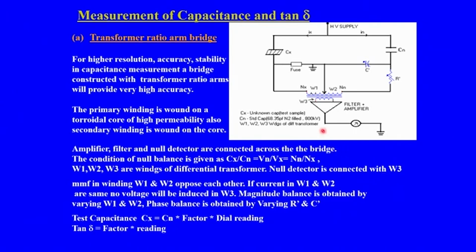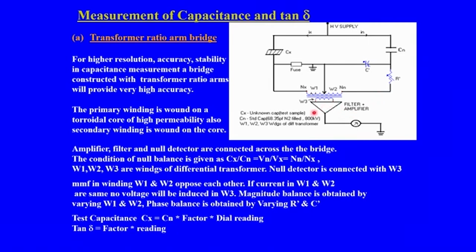The primary winding, here you have the windings of the transformer, which is shown here. These are the various components, Cn being the standard capacitor, then Cx being the capacitance to be measured. The protection is a fuse unit here, then R and the capacitance which can be tuned or put as a variable capacitor and resistor here.